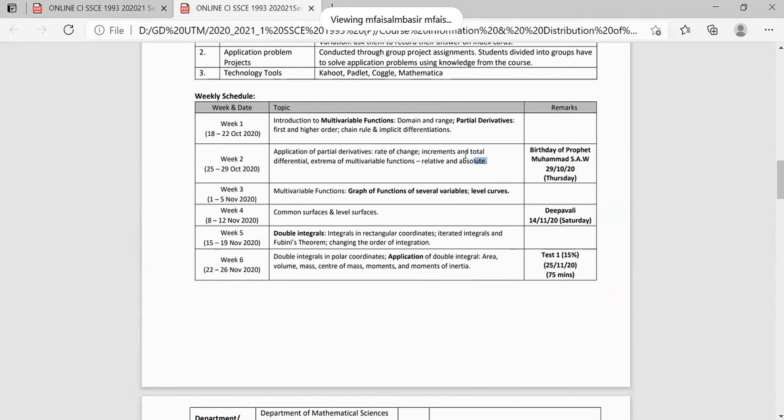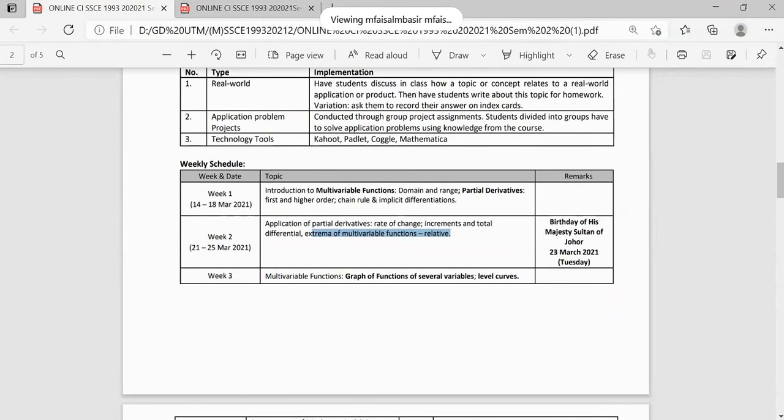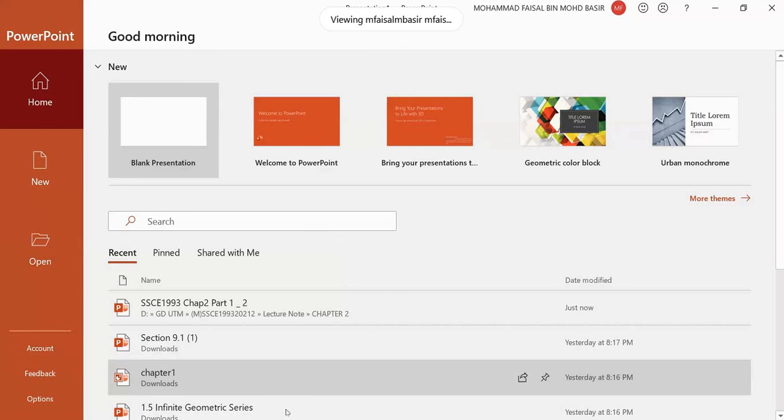Last time we had the absolute, but now it is excluded. So I think we will move to error, but before that we rest for a while.